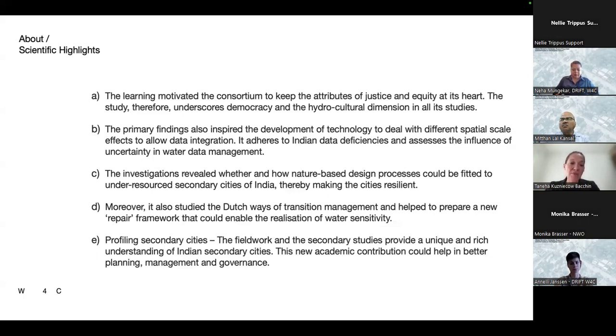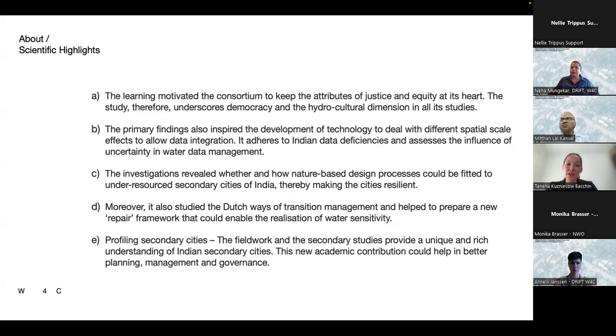So the investigations revealed whether and how nature-based design processes could be fitted to under-resourced secondary cities in India, thereby making the cities resilient. So what is the scope of designing with nature in such a context? How can the combination of traditional forms of managing water with introducing more nature-based designs be approached, envisioning forms of innovation along the way?